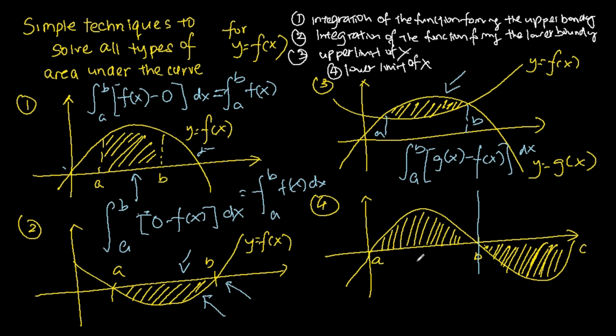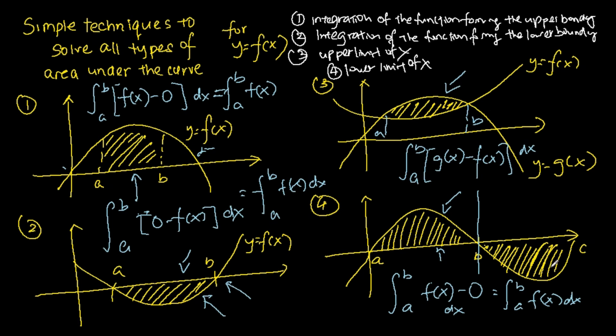For the part above the x-axis, it is the same as question number 1, which is f(x) forming the upper boundary of the area under the curve and the x-axis forming the lower boundary, then evaluating from a to b, because b is the upper limit and a is the lower limit. So this equals the integral of f(x) dx from a to b.